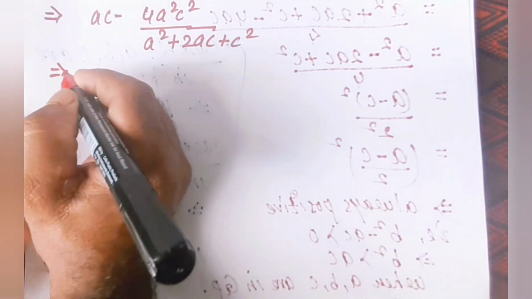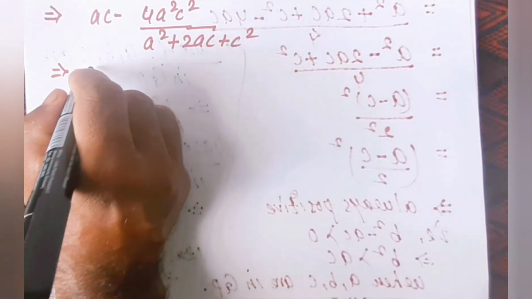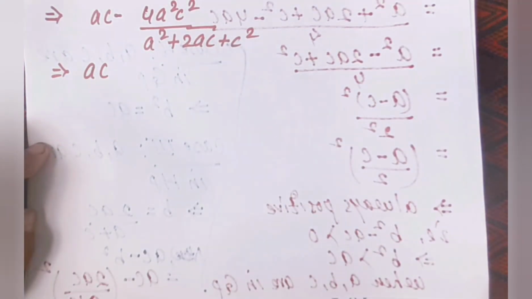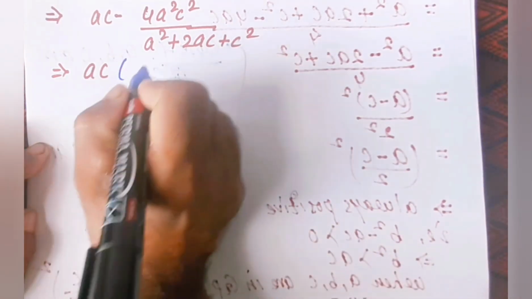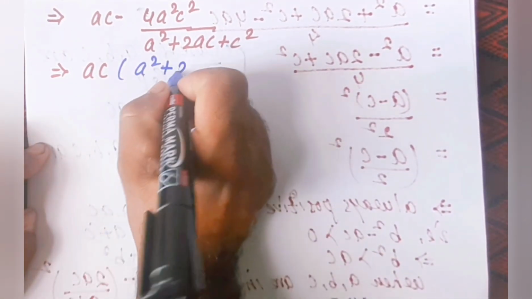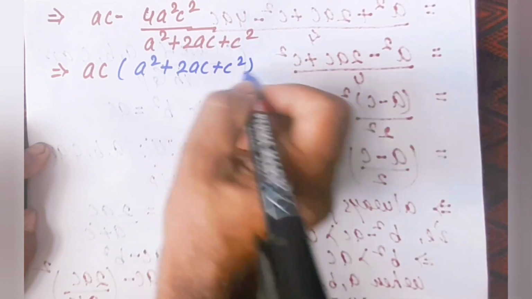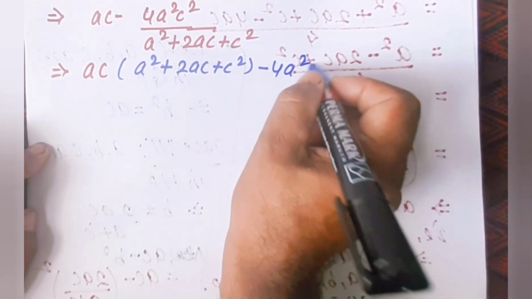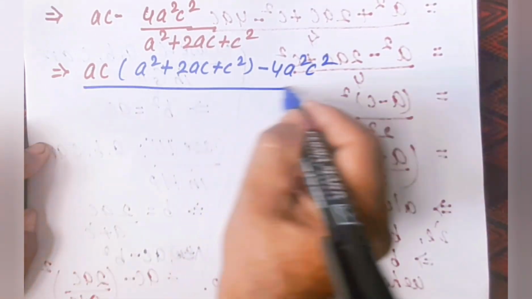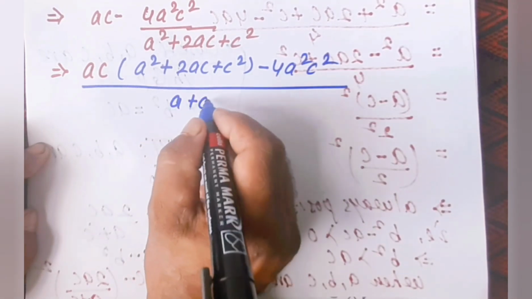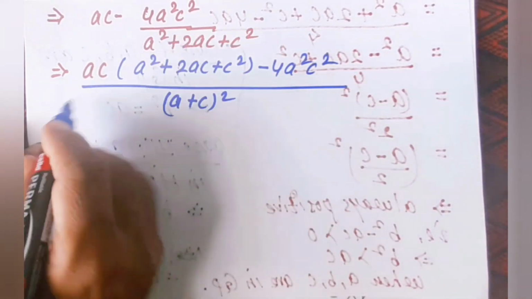Now taking the LCM, this becomes AC into (A square plus 2AC plus C square) minus 4A square C square, whole upon (A plus C) whole square.